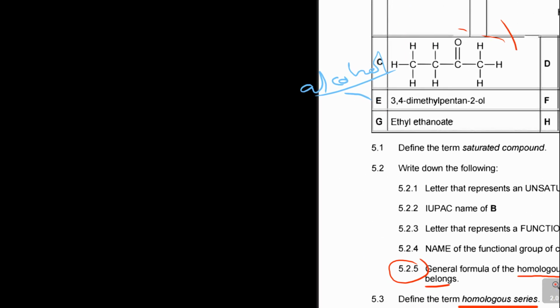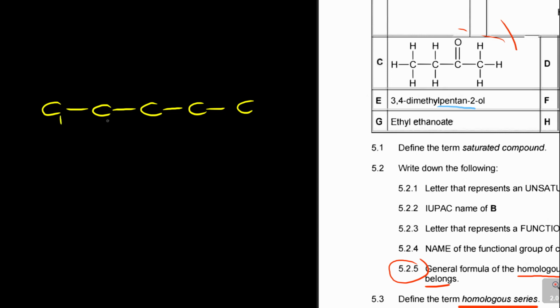If I'm to write the condensed structural formula here, look at the longest chain, pentane, pent, so it's 5: 1, 2, 3, 4, 5. Pentane, and then pentan-2-ol. Let's say this was carbon 1, carbon 2, carbon 3, carbon 4, carbon 5. In carbon number 2, there is the OH.